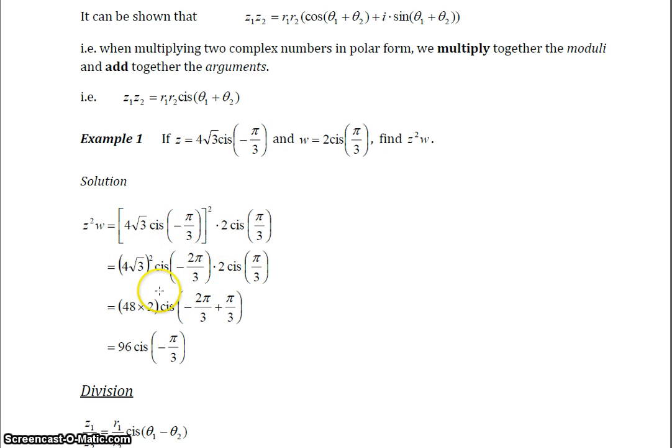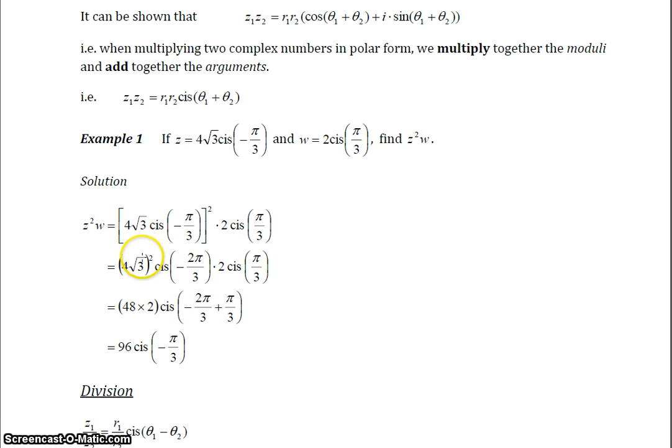So that's the result of z squared, and that is what we're going to multiply by our complex number w, 2 cis pi on 3. In doing that, we multiply the moduli, so 4 root 3 squared times 2. Now 4 root 3 squared is going to be 48, because 4 root 3 would be the same as the square root of 16 times 3, and 16 times 3 is 48.